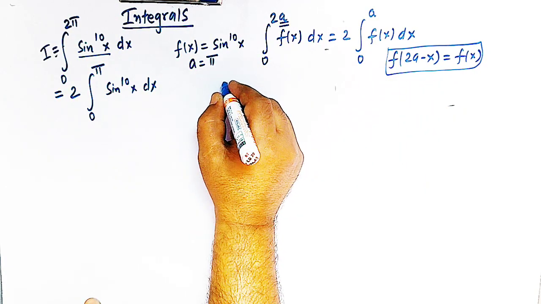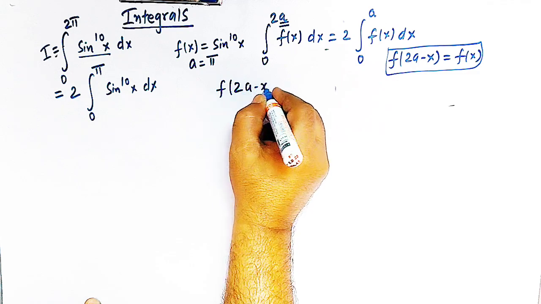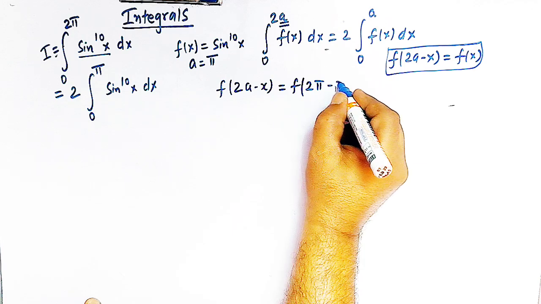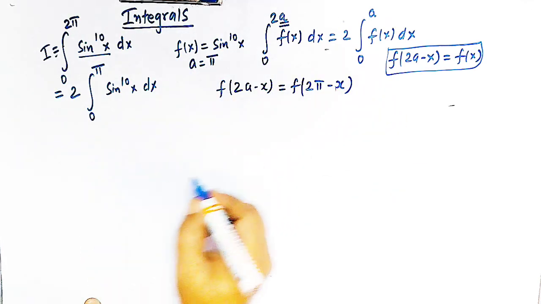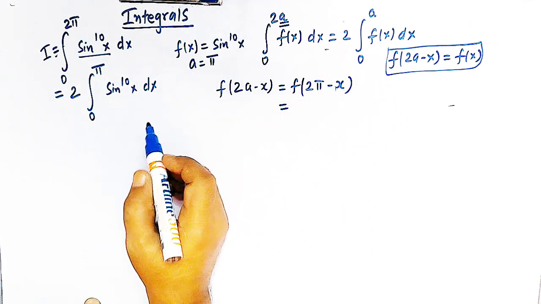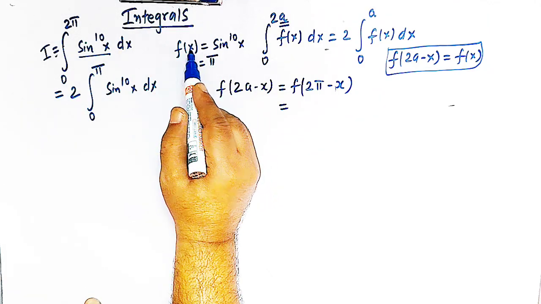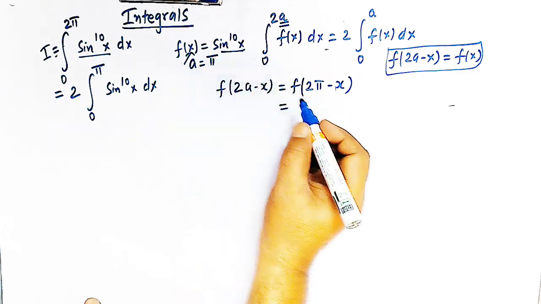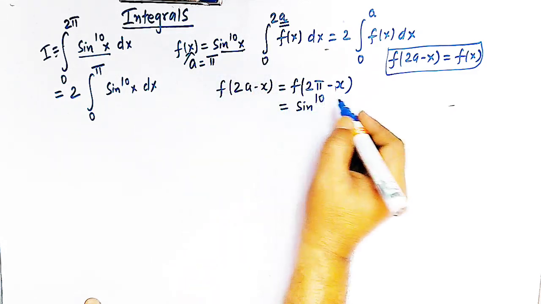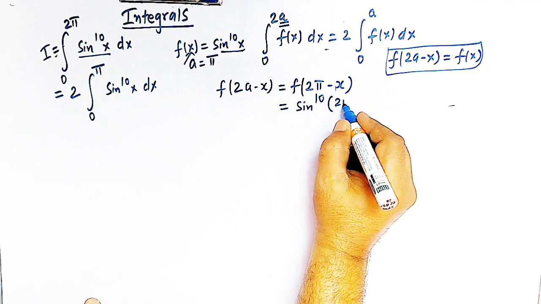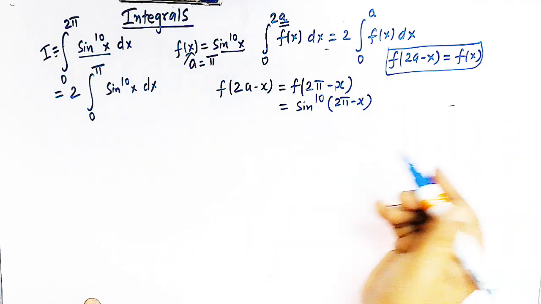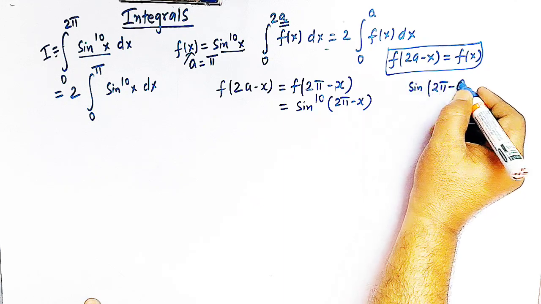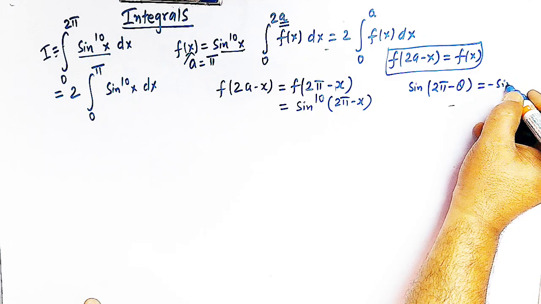So now here we have f of 2a minus x is equal to f of 2 pi minus x, because a is equal to pi, and f of 2 pi minus x can be obtained by replacing this x by 2 pi minus x in this function. So we have here sine to the power 10, and here we have 2 pi minus x, and from trigonometry we know that sine 2 pi minus theta is given by minus sine theta.